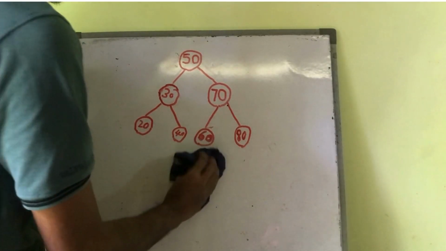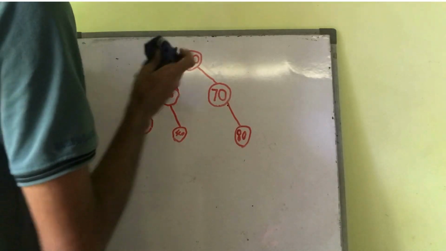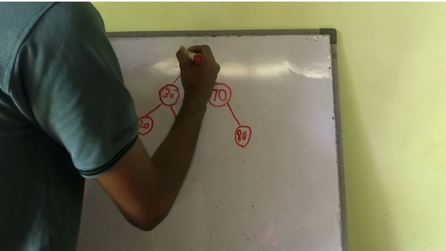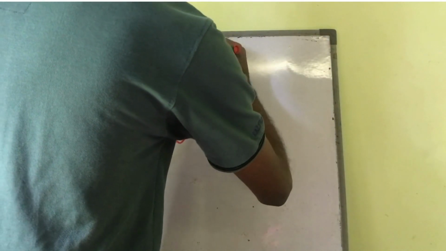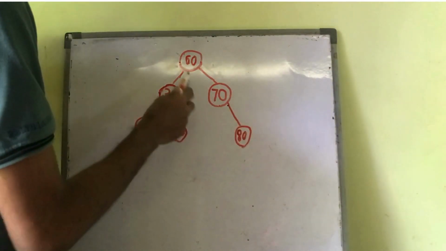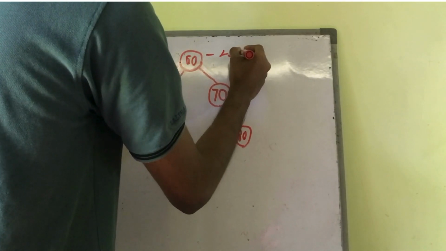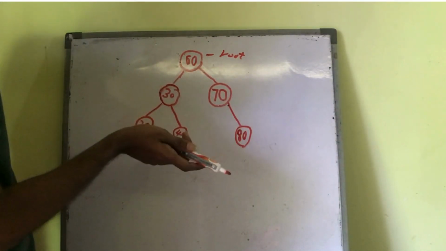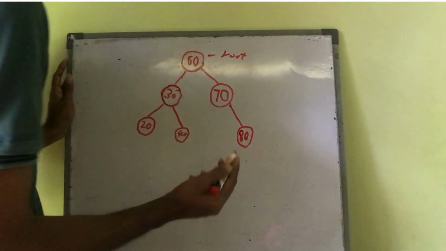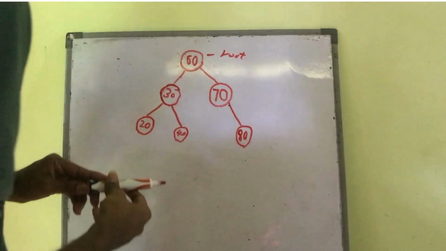So we can remove this 50 and replace the root element, which is now 60. You can see there is no need to break anything. So 50 was the root element, and it is deleted. Now the root element is 60. No rules are broken, so you can see the BST steps are correct.